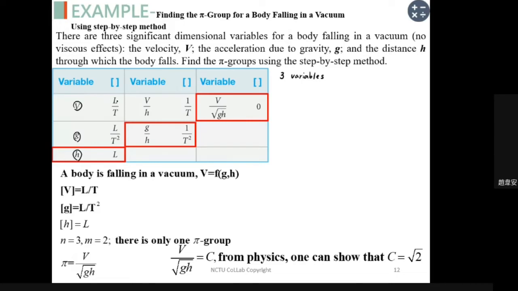The velocity has dimension L divided by T, the gravity is the acceleration, so the dimension is L divided by T squared, and the falling height is L. So actually we have two basic dimensions. So 3 minus 2 is 1, and we only have one pi group.